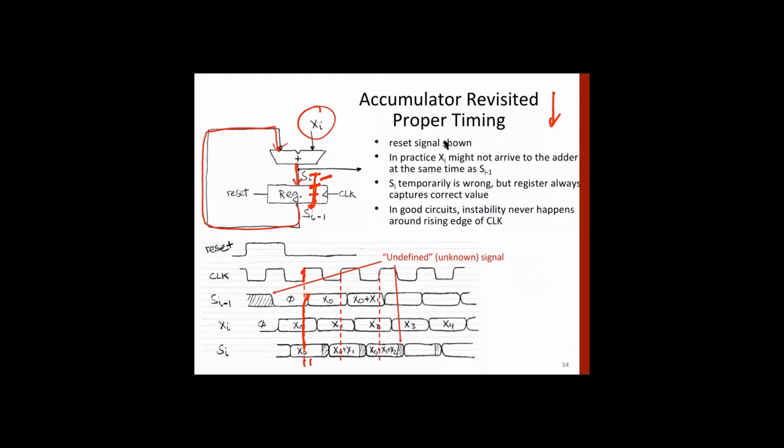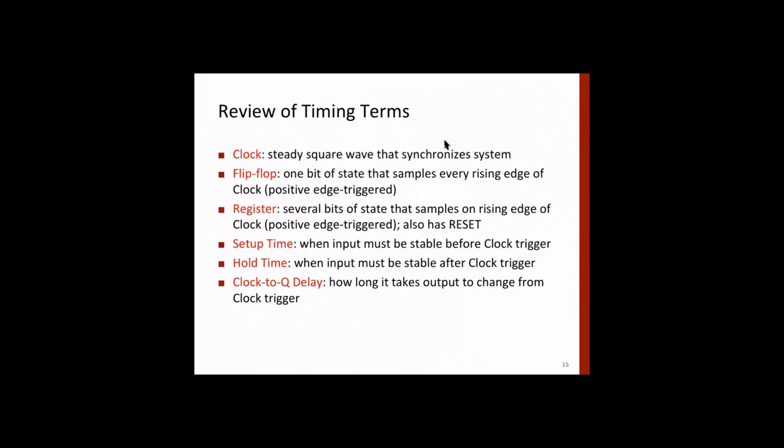Okay, but the value of Si will become stable after some time and will be captured only at the leading edge of the clock. As a result, the correct values get registered into the register. So that uncertain or undefined period is shown somewhere like this, here or here.